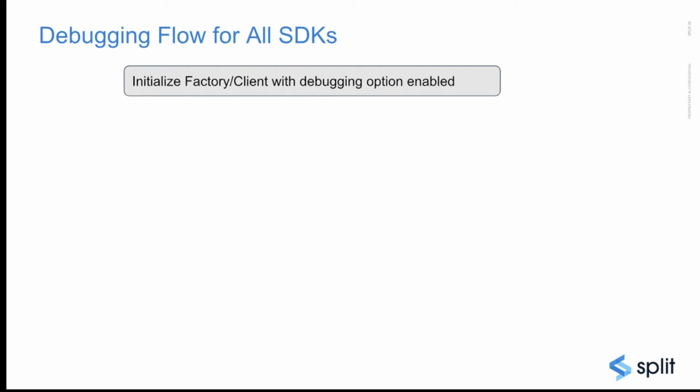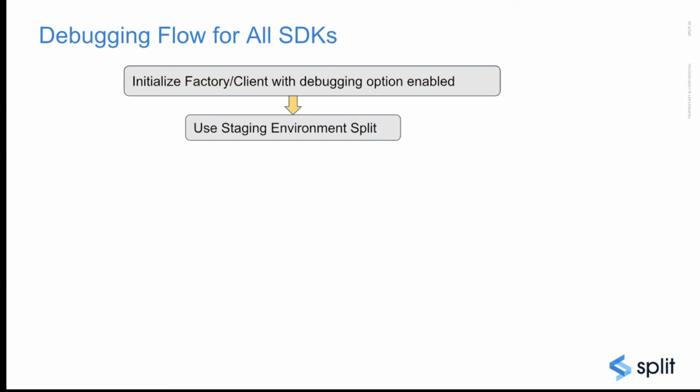First, we usually initialize the factory or client with the debugging option enabled. The debugging option basically enables debug and/or verbose logging for all the SDK actions.